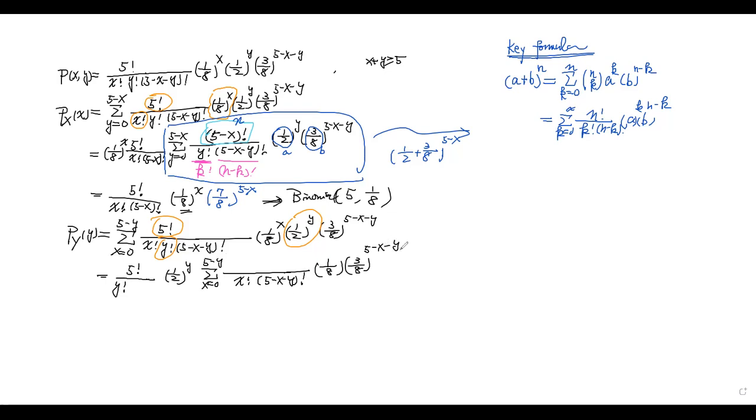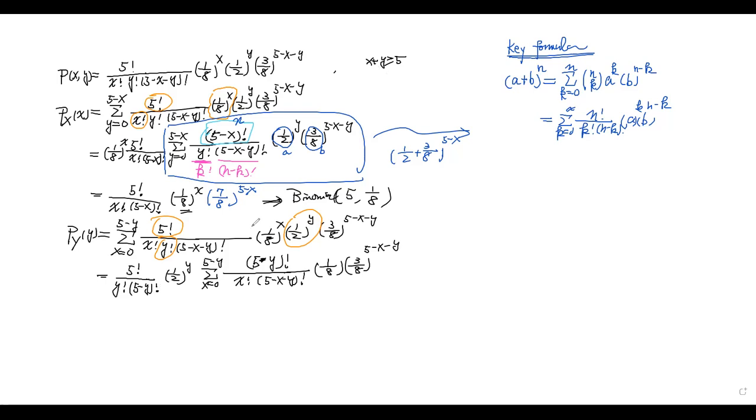Now I'm using the same trick here. I want to match the binomial expansion, so I need to have a (5 − y) factorial here. I cannot just add it, so I need to divide by the (5 − y) factorial.